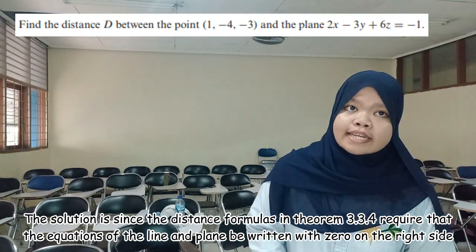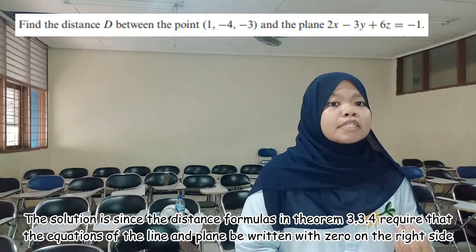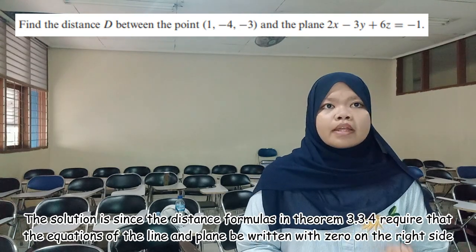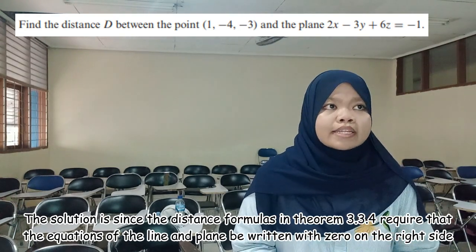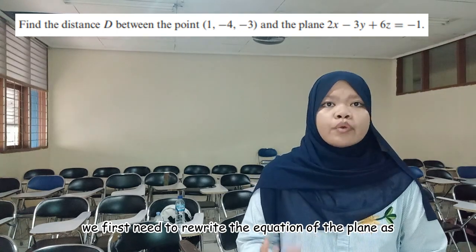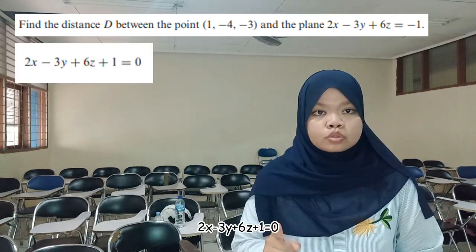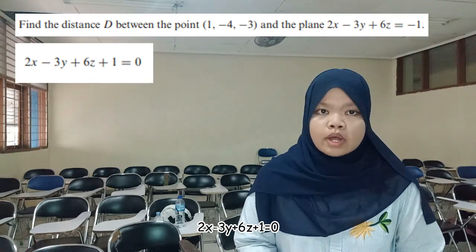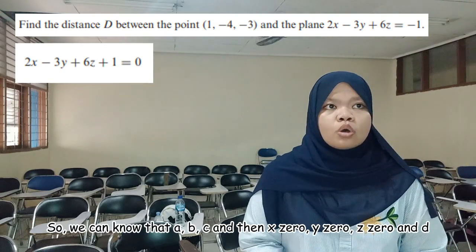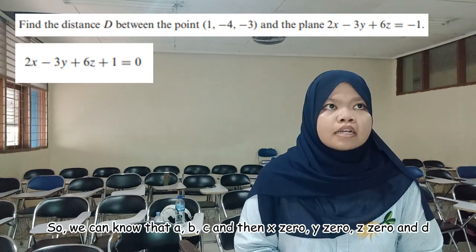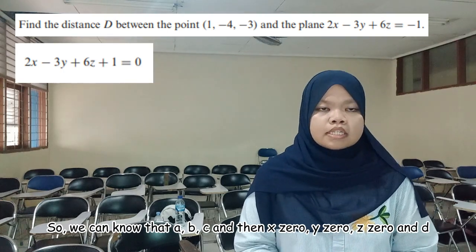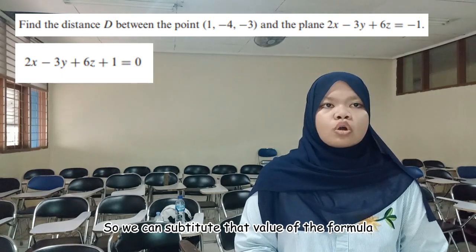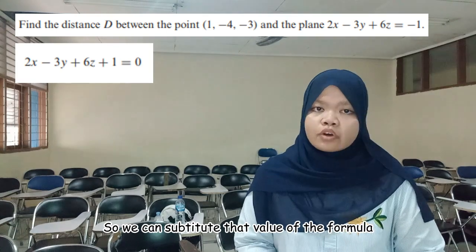Now, the solution: since the distance formula in Theorem 3.3.4 requires that the equation of the plane be written with 0 on the right side, we first need to rewrite the equation of the plane as 2x minus 3y plus 6z plus 1 equals 0. So we can identify a, b, c, and then x0, y0, z0, and d. So we can substitute those values into the formula.